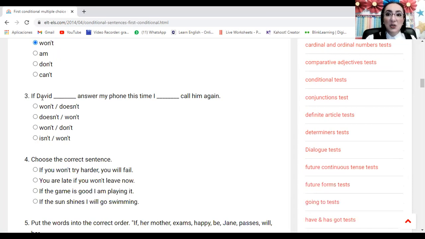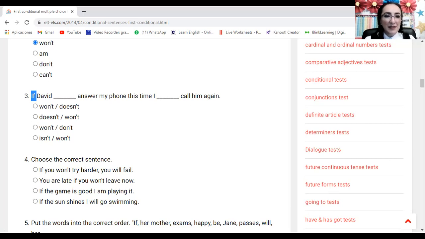If David, condition and result. My clue is this. If my condition is here, my verb has to be in present. If David answer my phone this time, I call him again.